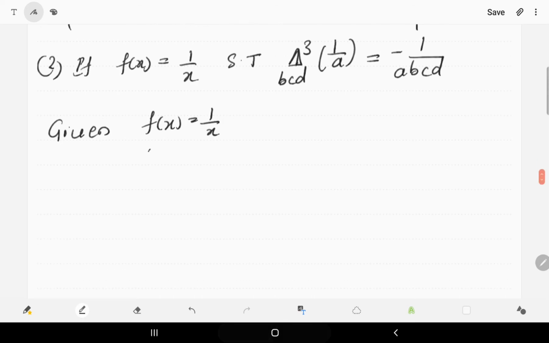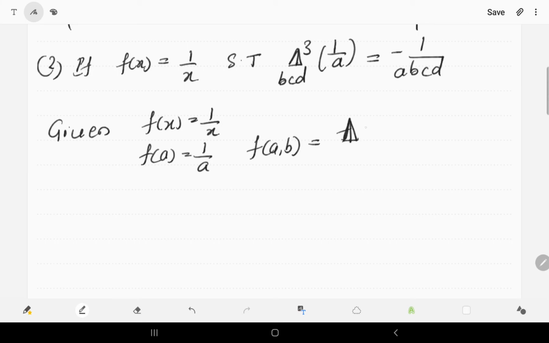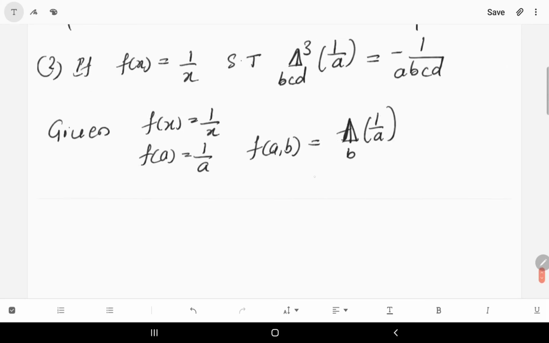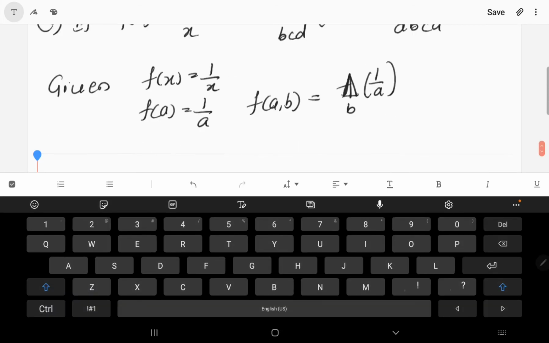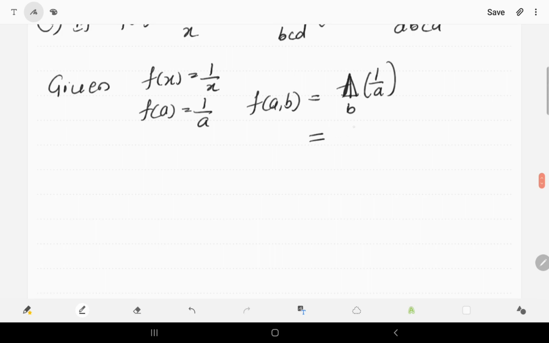Therefore, f of a is equal to 1 by a. f of a, b is equal to the divided difference of f of b and f of a, that is 1 by b minus 1 by a divided by b minus a.